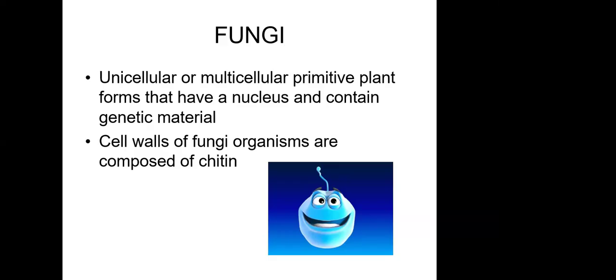Another example of chitin would be a crab shell, that hard exterior shell on the crab. So with these little fungi, the outside wall you see microscopically is a hard shell. It's that chitin.